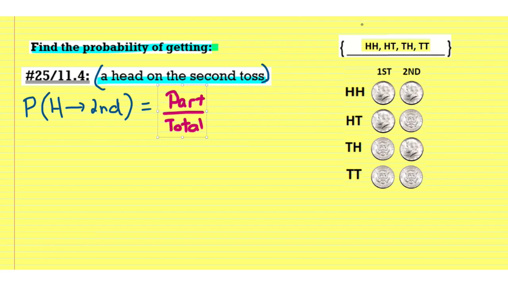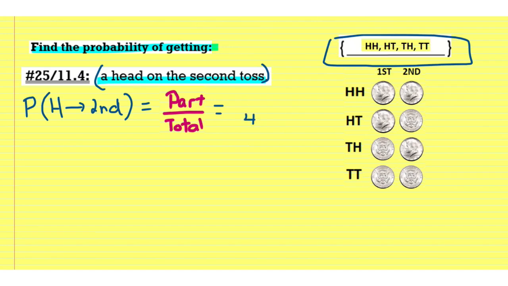And of course, previously we found that our set of total possible options is 4. So our denominator is going to be 4. We just have to determine what the part is. So the part is going to be a head on the second toss. Well, all my second tosses are here, and this is a head, a tail, a head, and a tail. That matches this: head, tail, head, tail. So which one are heads on the second toss?